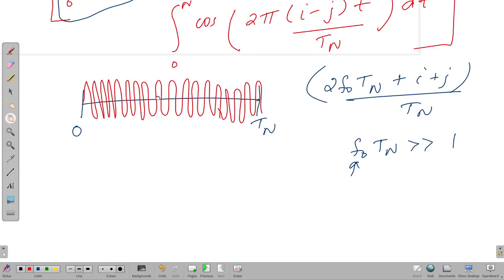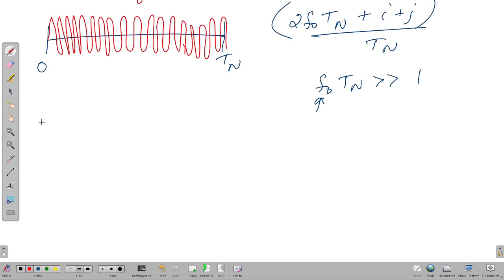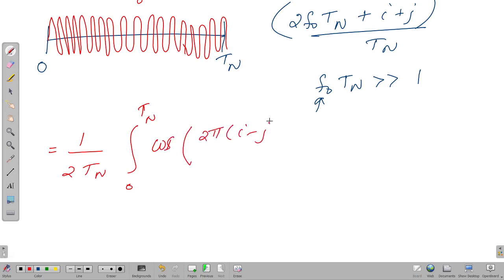So now what's remaining is 1 divided by 2 Tn, integral 0 to Tn, cos of 2 pi (i minus j) divided by Tn into t dt.